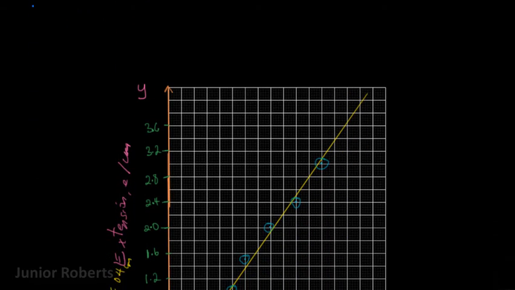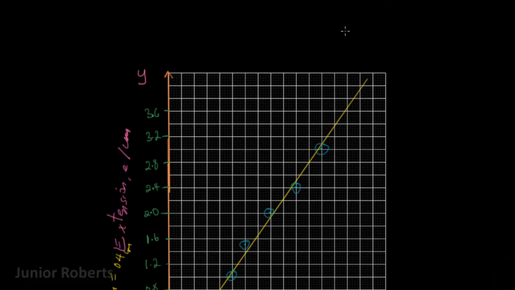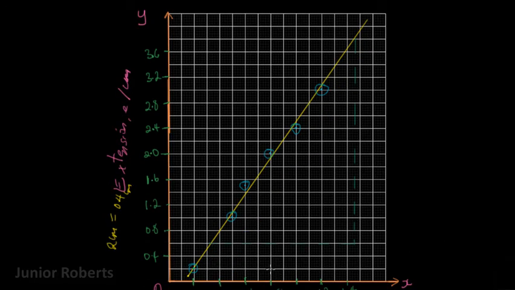Let me go ahead and draw that large triangle. Alright, so I have my large triangle drawn, so I can read off my values. My y2, which I'll get from right here, this is 3.6, and here we would have 4.0.